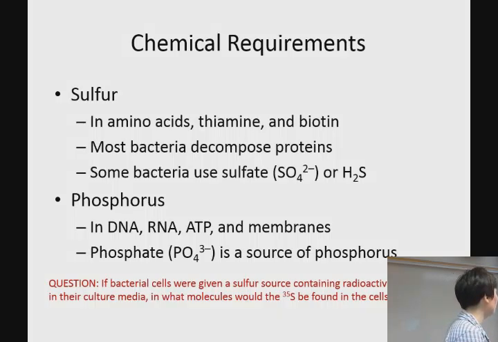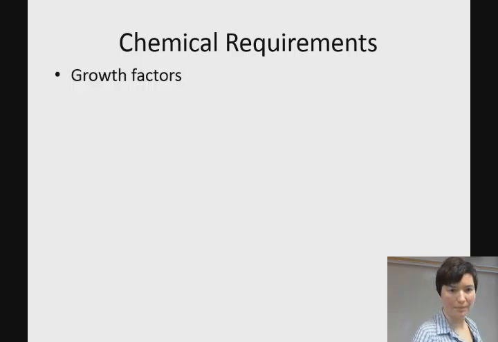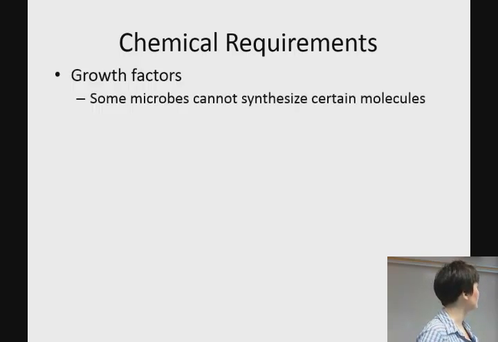So if we fed radioactive sulfur to bacterial cells, where would we find this sulfur when we did a chemical analysis of the cell? We would find it in the proteins. We also need some trace elements to make some enzyme cofactors, specifically these trace metals. And growth factors.